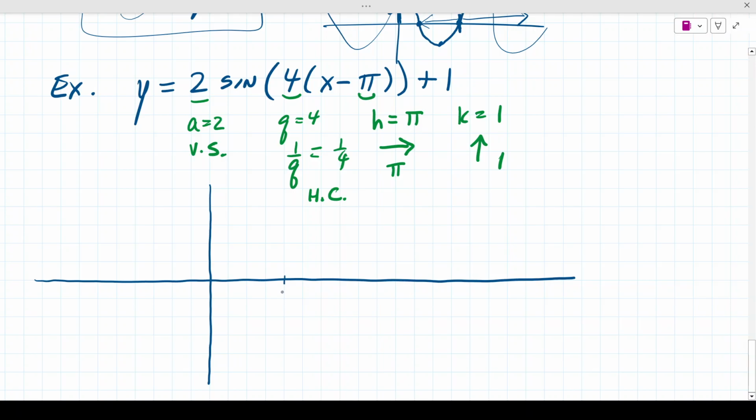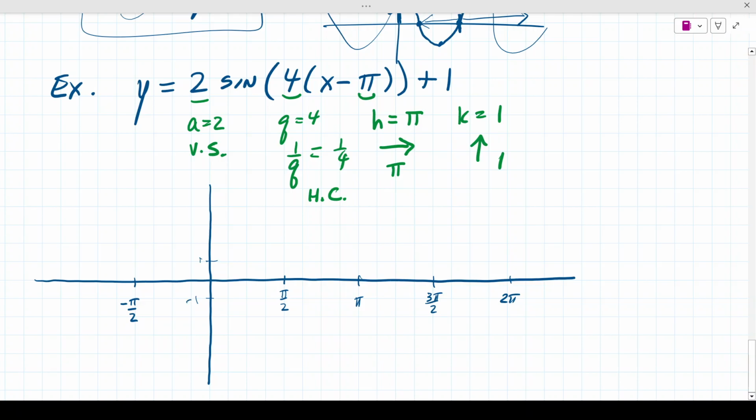Let's make this pi over 2, 4 squares. So this will be pi. This will be 3 pi over 2. This will be 2 pi. Whenever I'm graphing by hand a sinusoidal function, I typically break up my graph into blocks of pi over 2, at least to start. There's negative pi over 2. Okay, and let's just use this as a height of 1. Okay, so we've got 1 and negative 1.